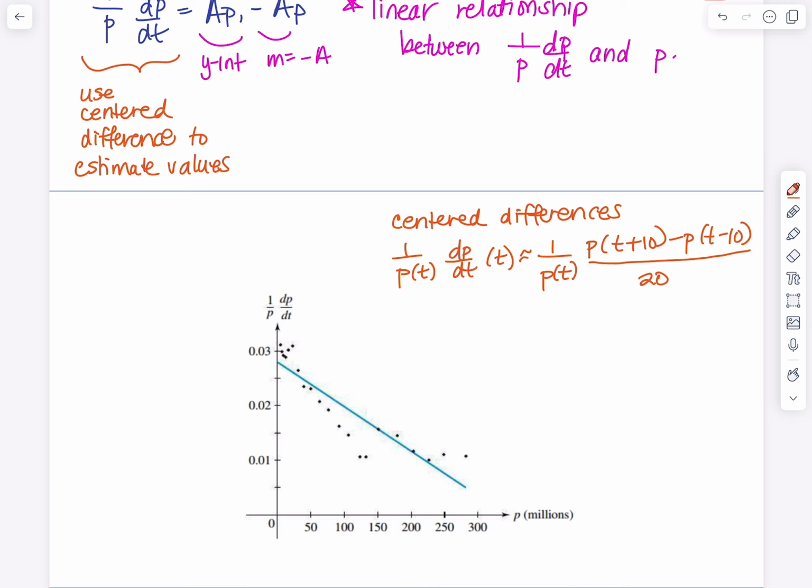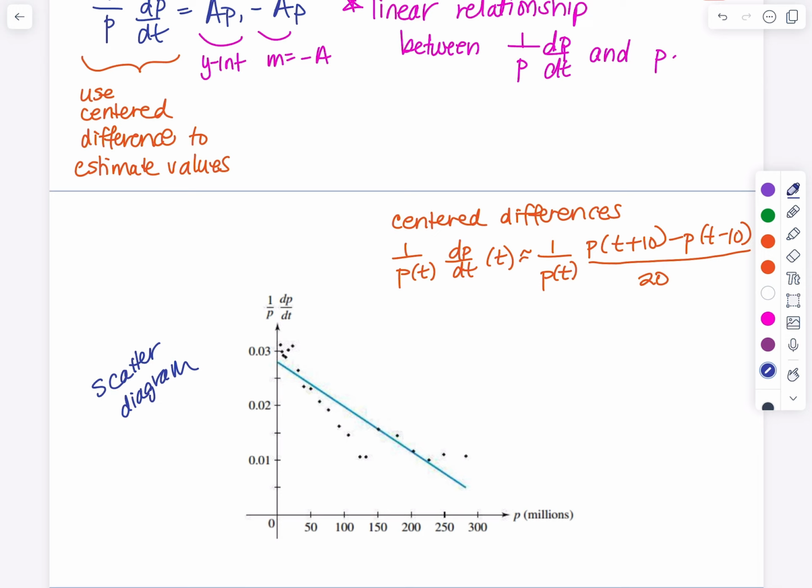And as you can see, we have this scatter diagram. And we have used linear regression. And as you can see here, our regressed line is shown.